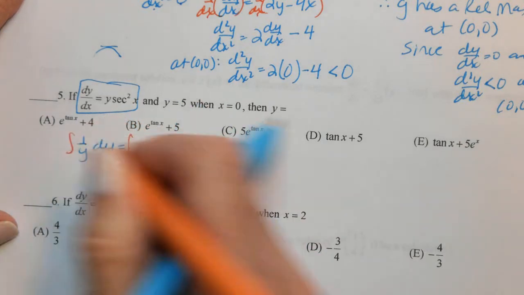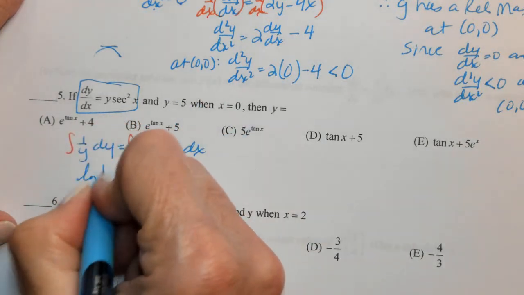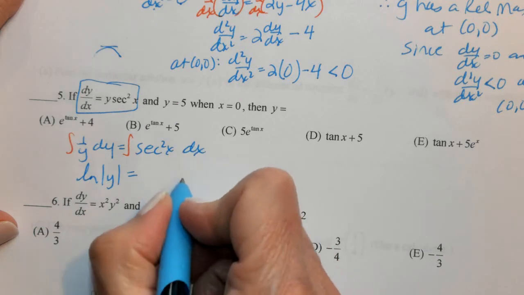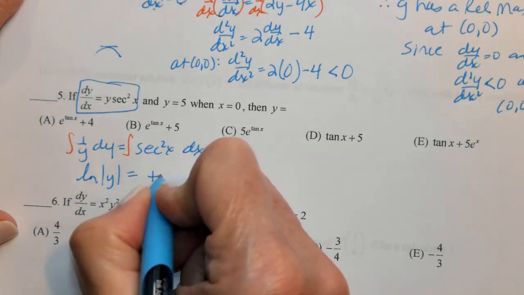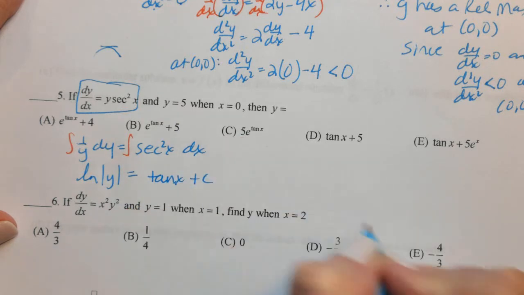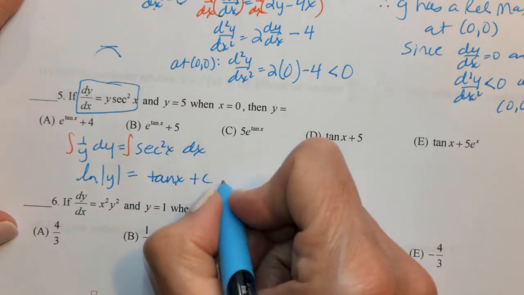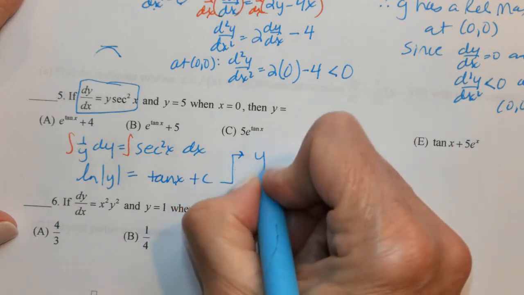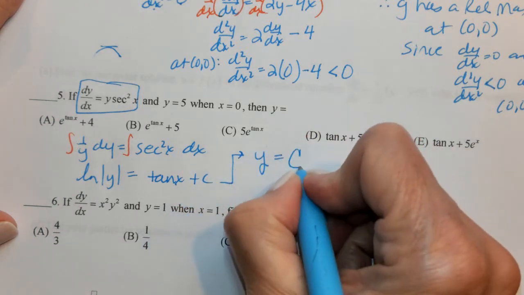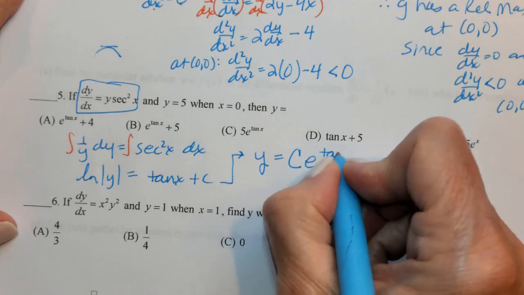We separated, now we integrate. Natural log absolute value y is equal to the antiderivative of secant squared x, which is tangent x. Okay? E to both sides, and we get y is equal to c e to the tangent x.